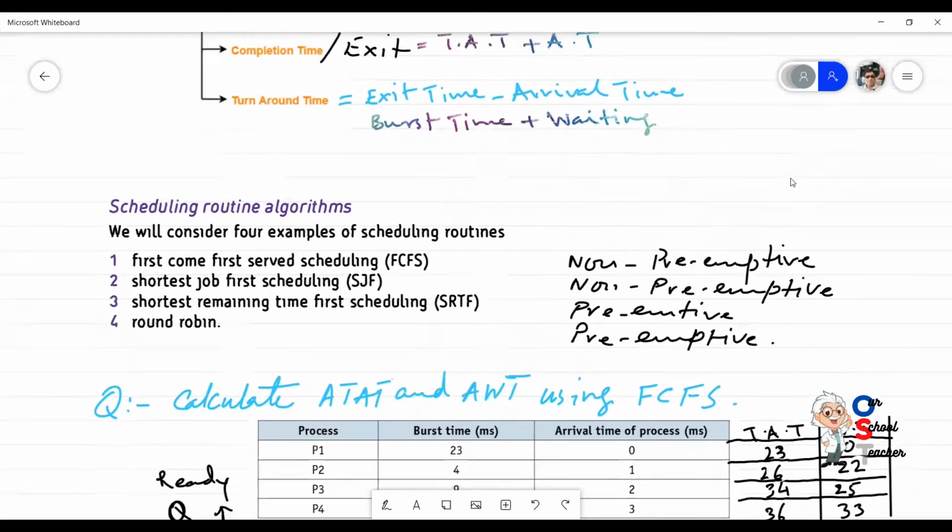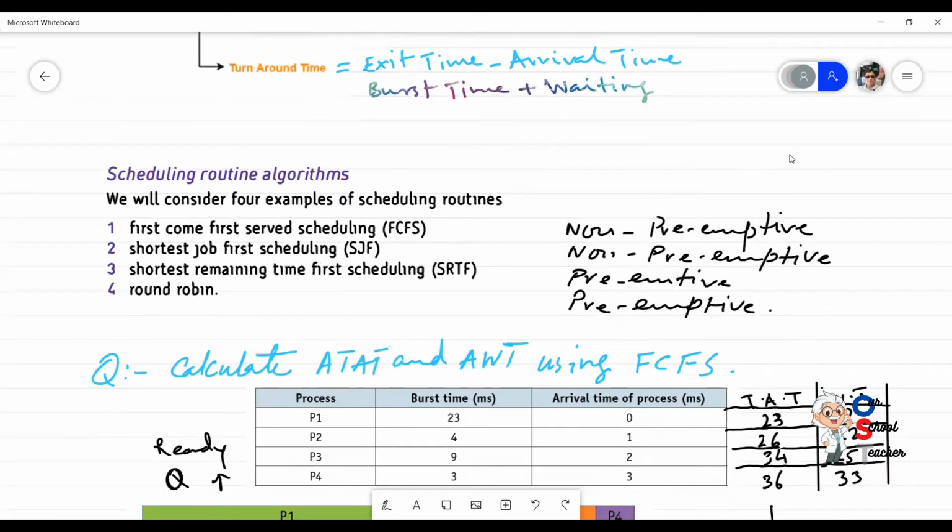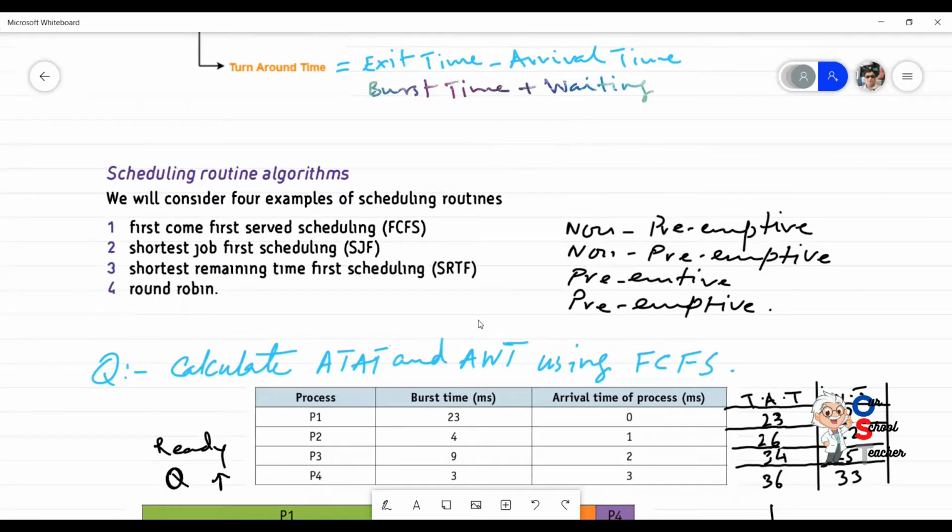As I have told you before, the CPU can use different algorithms to schedule different processes. These algorithms might be first come first serve. As any process comes in the queue, CPU time is given to it, and similarly when the second comes, it has to wait for the first process.